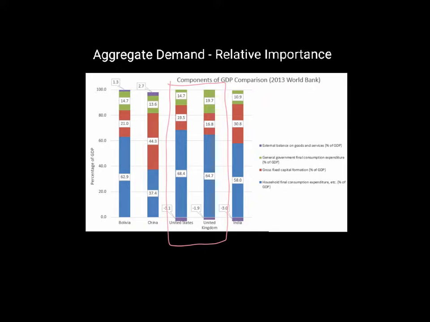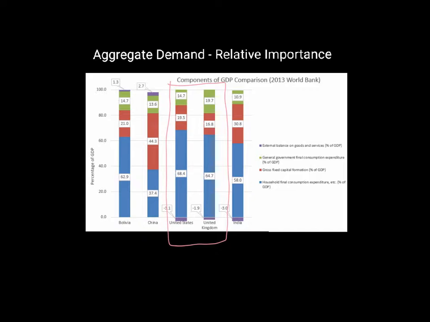And what you can see in both of these is that by far the largest proportion of aggregate demand, about 2/3 or so in both of these countries, is the C aspect, which is the household final consumption. So it's important to remember when you're talking about aggregate demand, an important way to evaluate it is that any factor which is going to influence the level of household consumption is going to have a disproportionately big effect on aggregate demand within an economy.